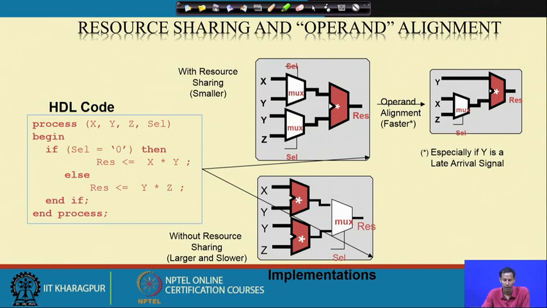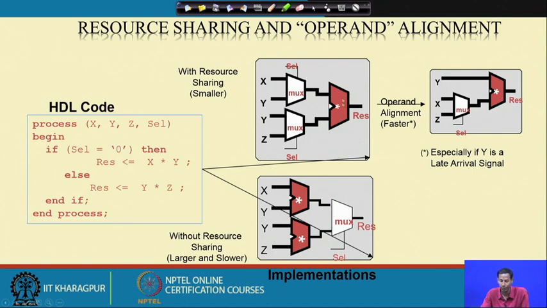Because a multiplier needs more area compared with multiplexers, instead of putting the select signal at the operator level, if I put the mux at the inputs, whether x, y or y, z, that means if I put resource sharing on, how can I implement both functions in one multiplier?